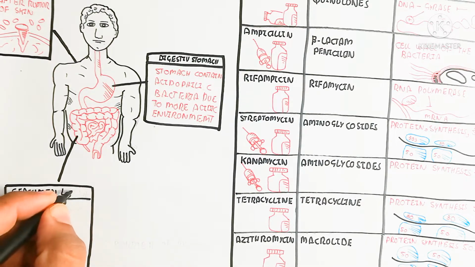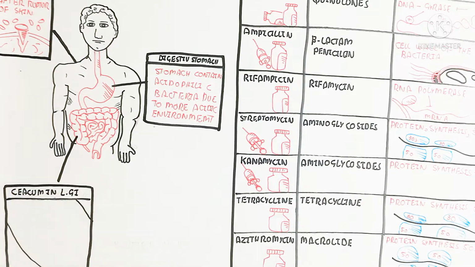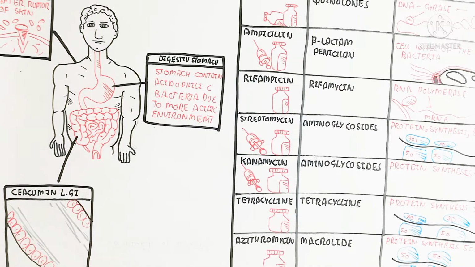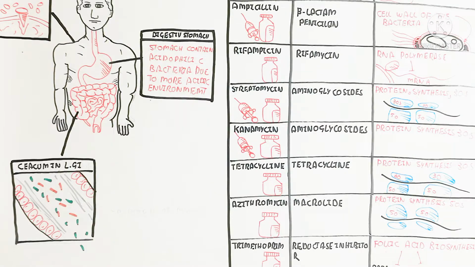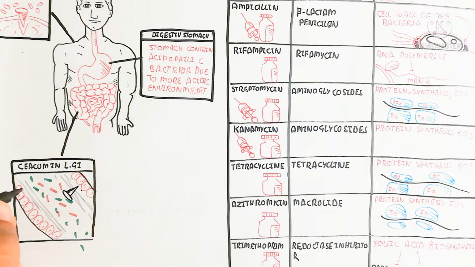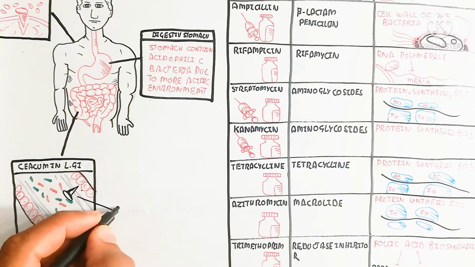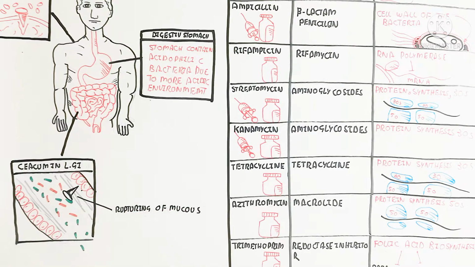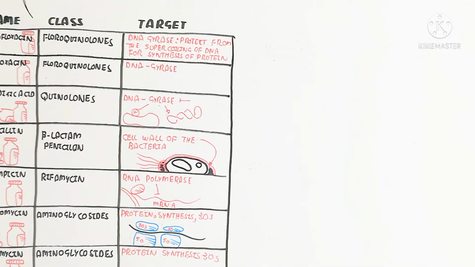The large intestine, including the cecum, contains many types of bacteria that produce short chain fatty acids as well as vitamin K. Rupturing of the mucus through mechanical or other problems leads to easy infection due to mucous membrane damage, so the infection rate increases.